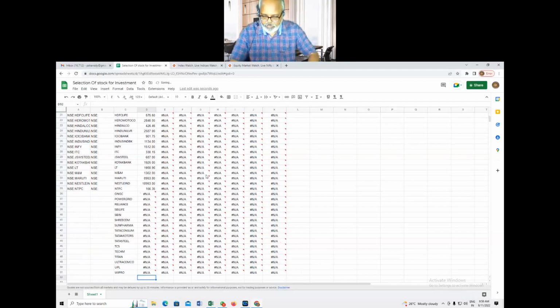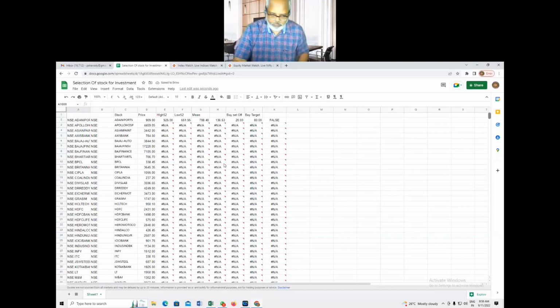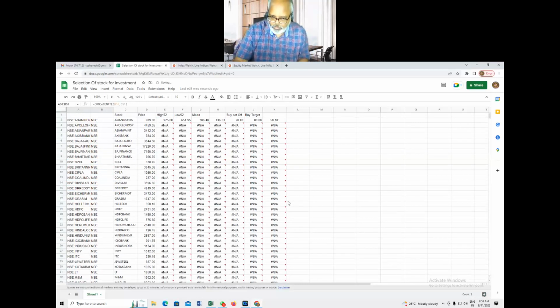And when I want to buy, I will buy those stocks which are coming down. Now I just copy and paste this down, so the prices will get updated.